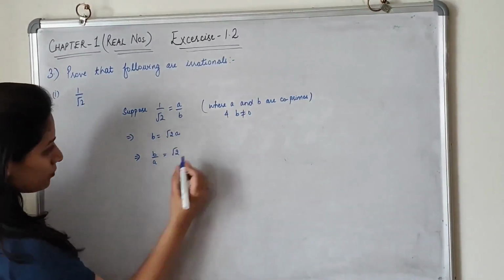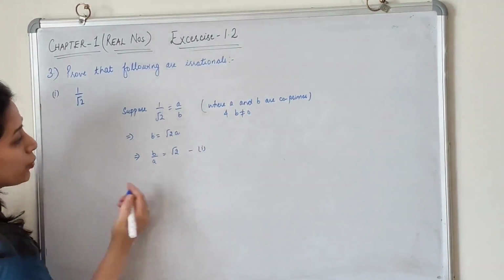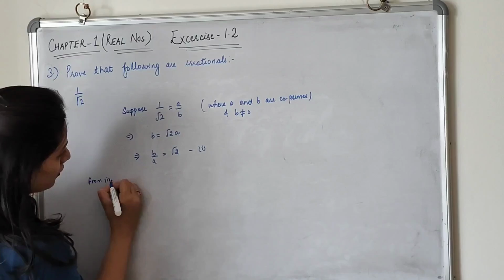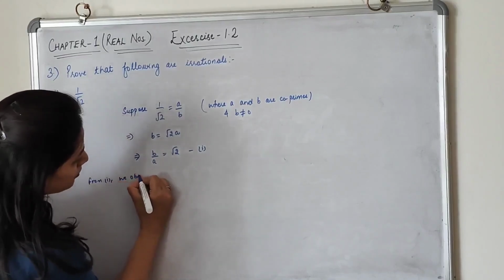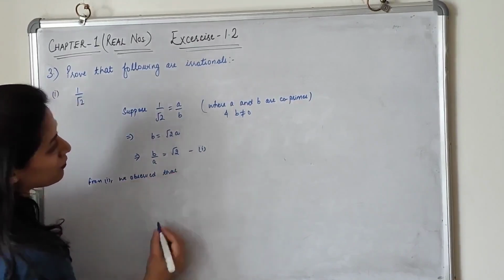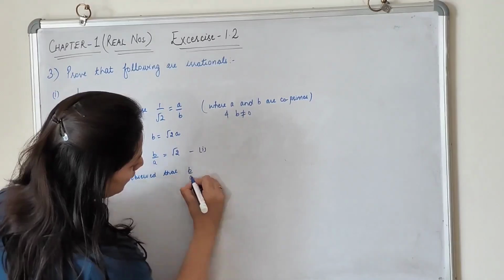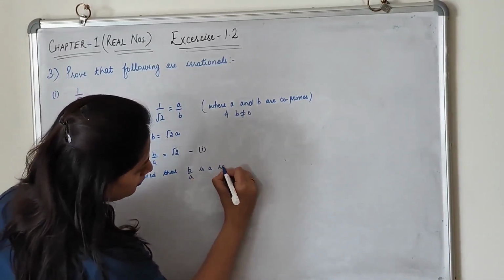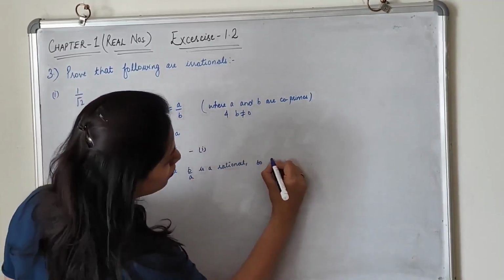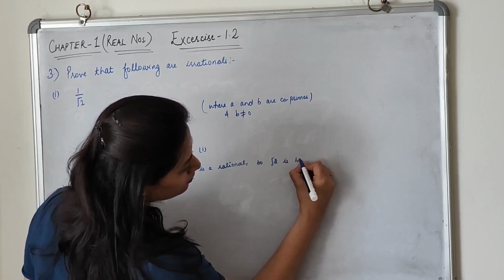Here, make it the first equation. From the first, we observe that B by A is rational. So, root 2 is rational.